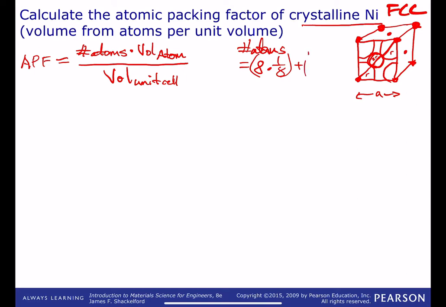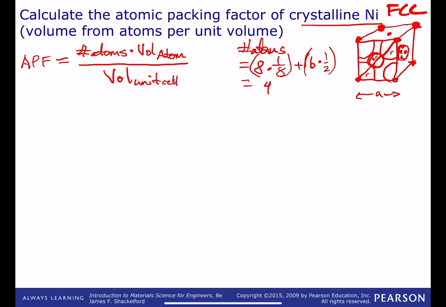So plus 6 times, and as you might recall, we have a half an atom at each face, so plus that. So the total number of atoms, the first part of our numerator in the APF equation, is going to be 1 plus 3, which is going to be 4.